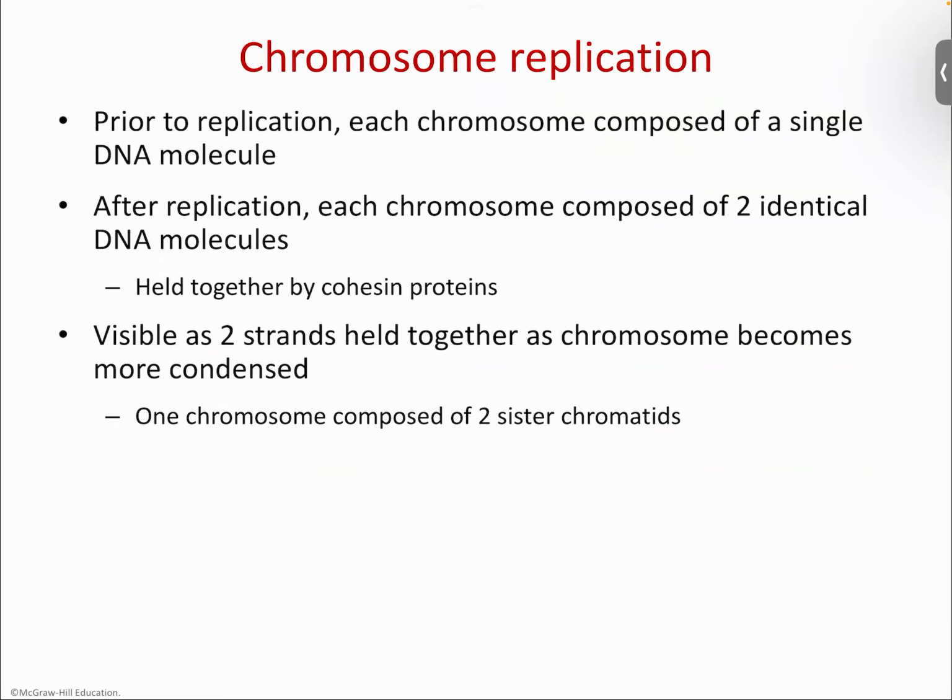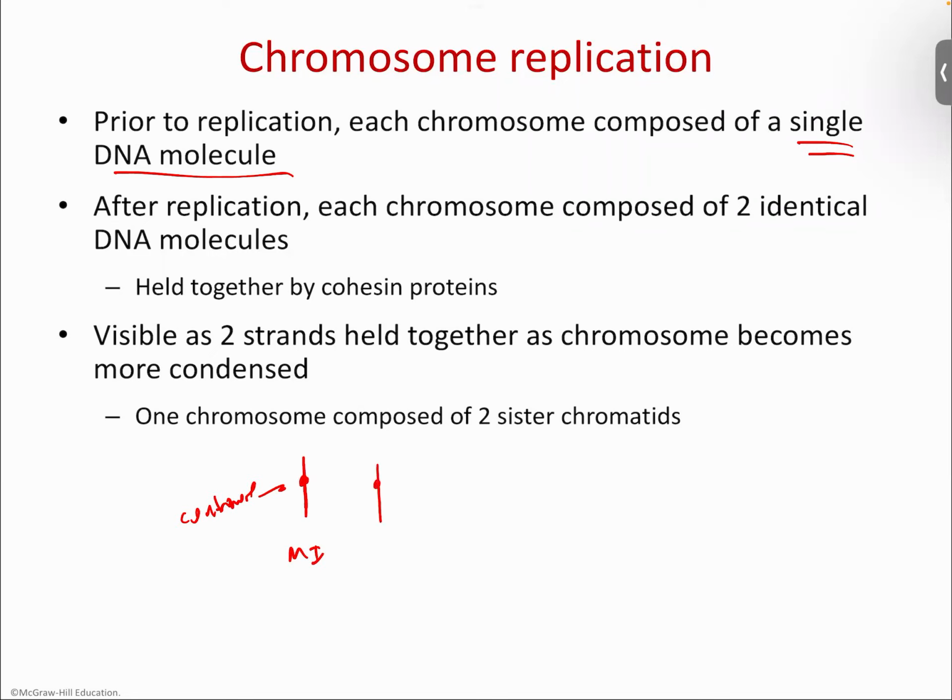Generally speaking, when we get ready to go through DNA replication, we have a single DNA molecule. For instance, mom 1 will look something like this. Here's a centromere right there in the middle. It's like a little constriction point, a little waist, a narrowing area in a chromosome.